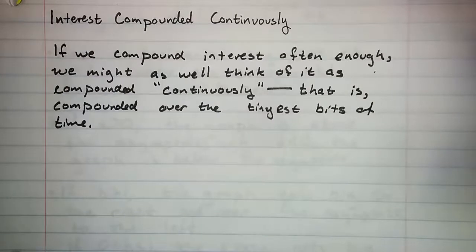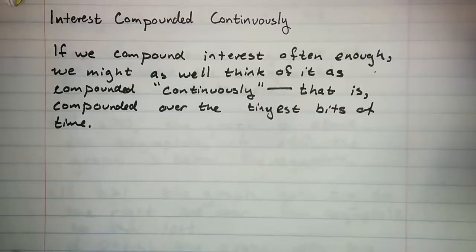As you might guess from the way that we came up with the number, there is a relationship between the number e and compound interest. And it's this. If we compound interest often enough, we might as well just suppose we're always compounding it. So whatever little bit of time you can think of, the interest is compounded over that little bit of time.